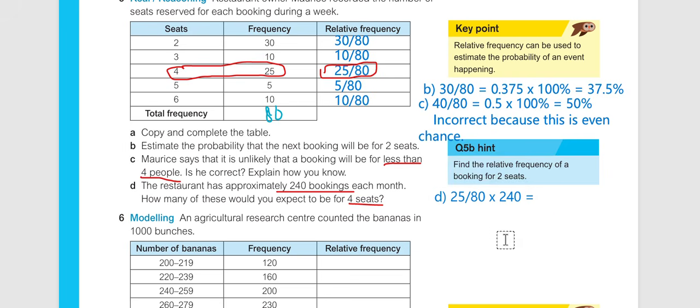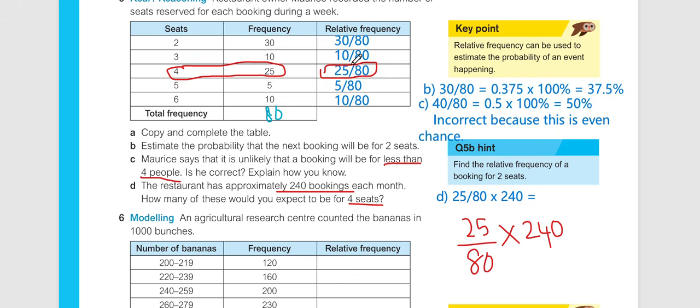So here, let me write it again for those who will mix it up. It's like this: 25 upon 80 multiplied by 240. This is the approximate bookings they are expecting for a month, and this shows the relative frequency of booking 4 seats.